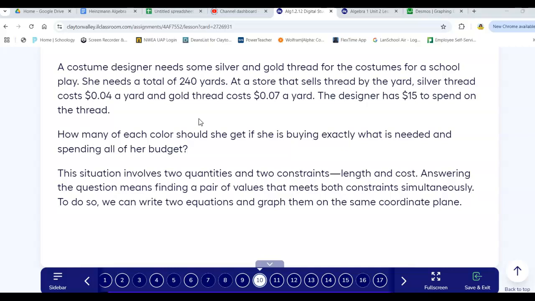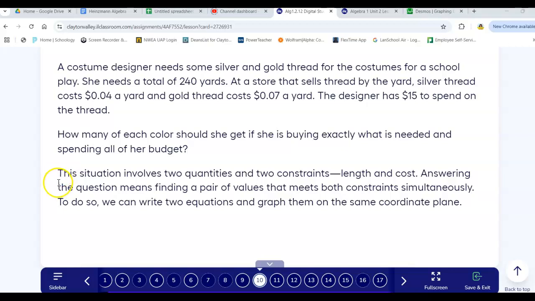She needs a total of 240 yards. At a store that sells thread by the yard, silver thread is 4 cents a yard and gold thread is 7 cents a yard. And the designer has $15 to spend on the thread. So once again, how many of each color should she buy?